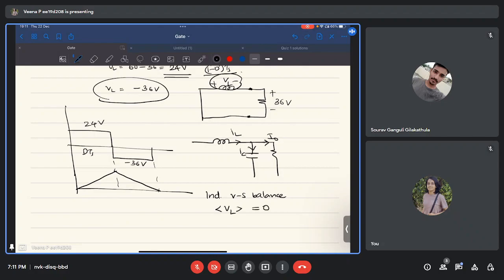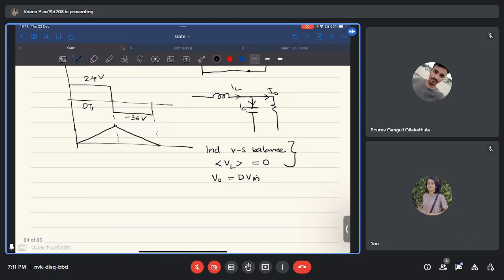By applying this rule, we get the relation between the input voltage and output voltage. By applying this, we got output voltage is D times input voltage in the case of a buck converter. In the case of a boost converter, it becomes output voltage is 1 by 1 minus D times input voltage. All these relations we get when we apply inductor volt-second balance. A similar analogy applies to the capacitor, where the average current through a capacitor is 0 under steady state, which is called capacitor charge balance.